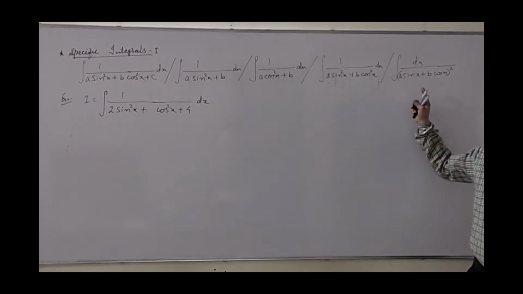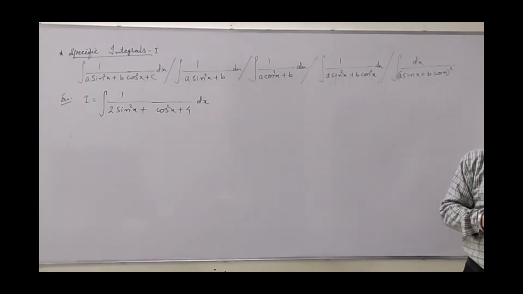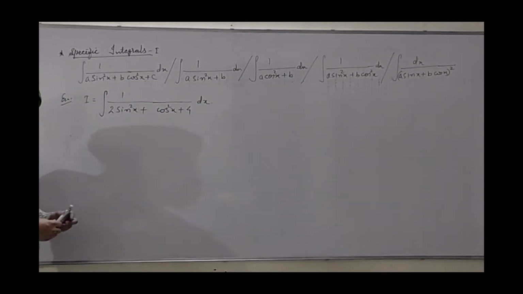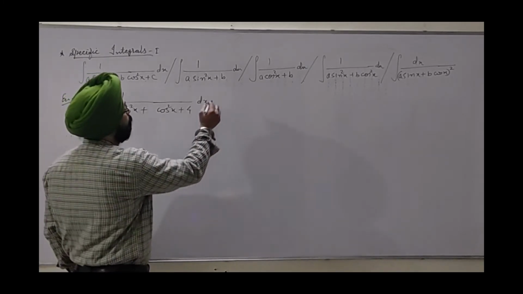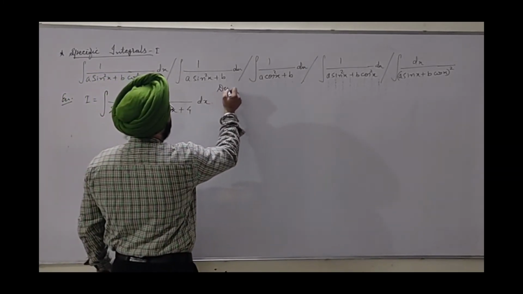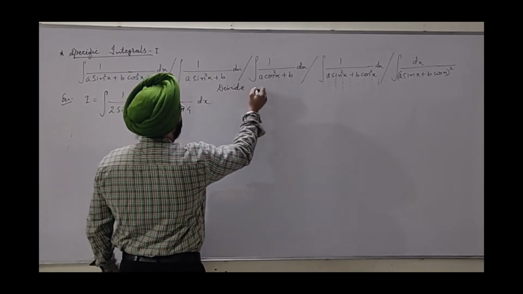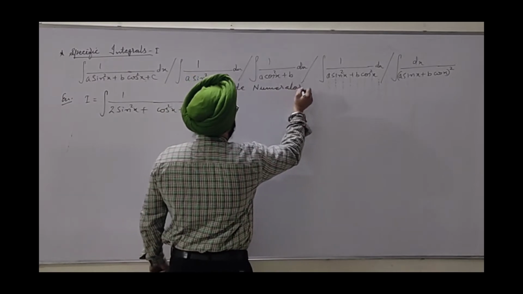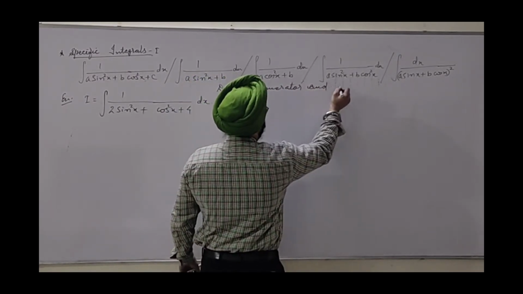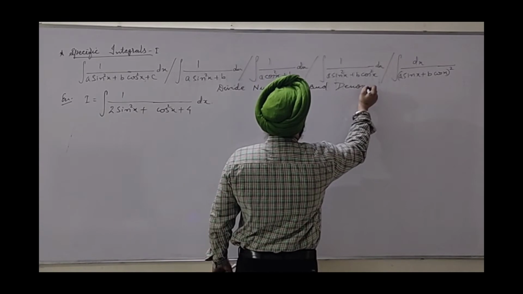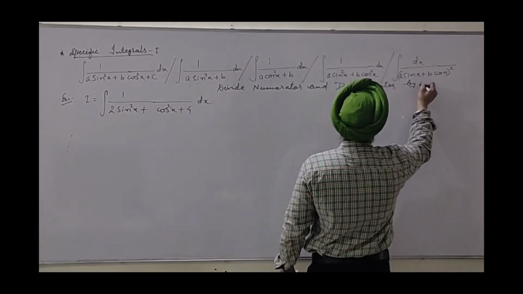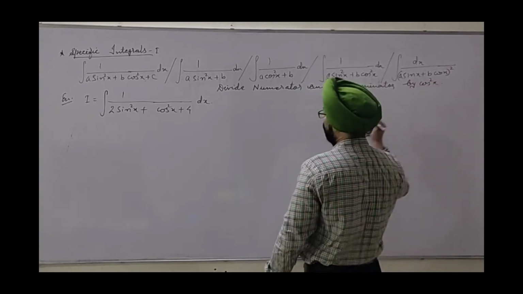For all these patterns, we have one first step, and if you initiate this way, you will get it integrable directly. Always the clue is: divide numerator and denominator by cos square x.